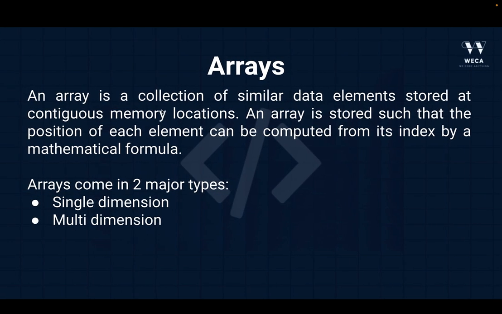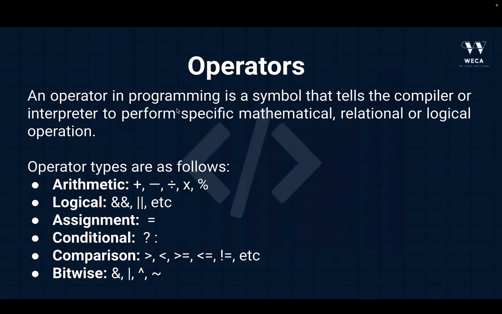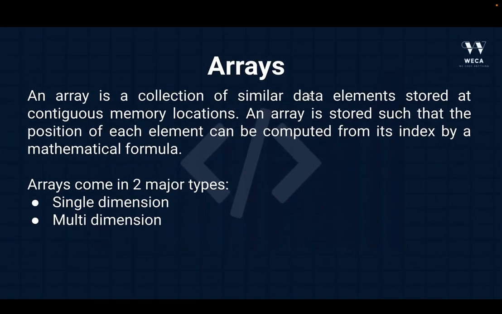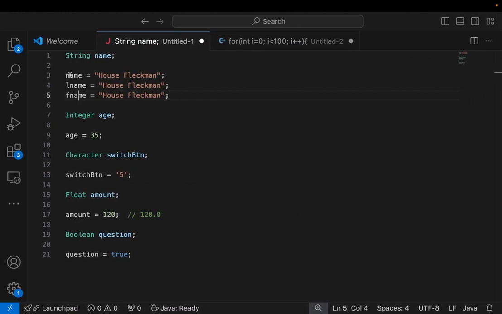Note, what they are holding is a collection of similar data elements. So the keyword here is similar data. You can't hold a string, an integer, and a char in one. You must hold similar data. Only strings can go into one array variable.